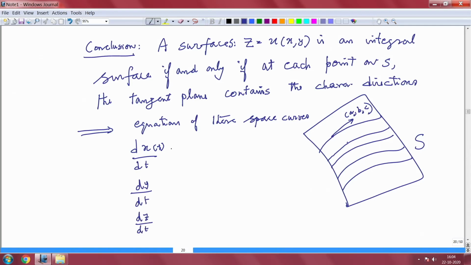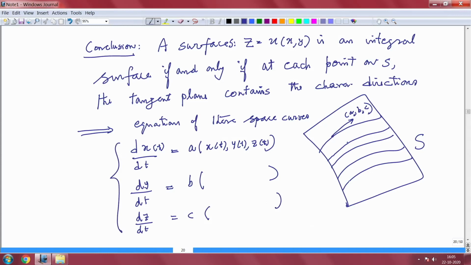So this will be A of x(t), y(t), z(t), z is u basically, but I am not bothered about that now, x(t), y(t), z(t), and this is also equal to C of x(t), y(t) curve. Okay. And this is the curve, so this will be a curve.